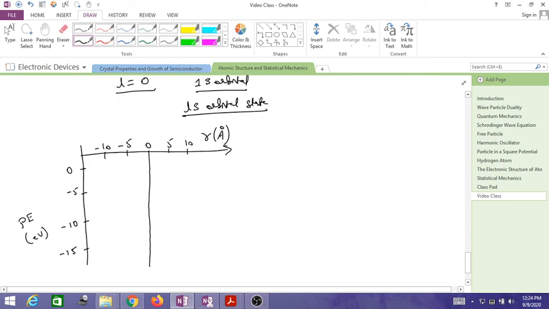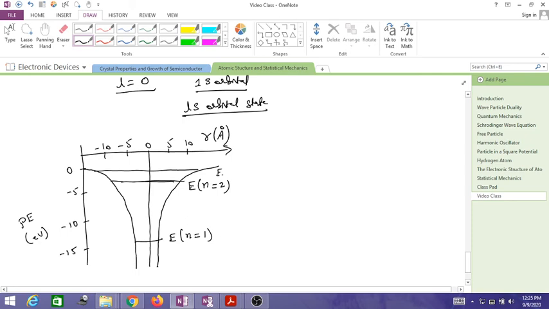For the hydrogen atom with the different energy levels, the potential energy looks something like this. This is the energy at n equal to 1, this is the energy at n equal to 2, and this is the energy at n equal to 3. It's a potential energy curve and the first three energy levels are shown.